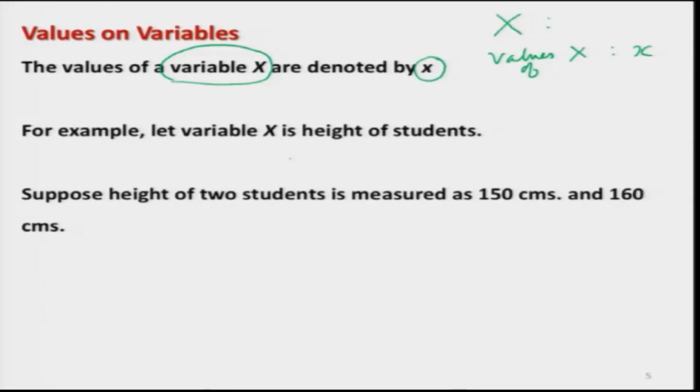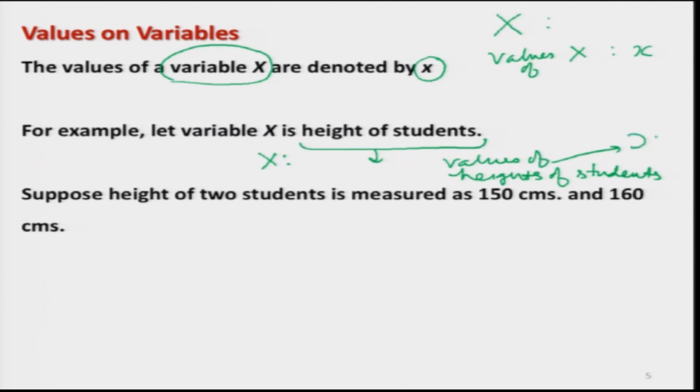And suppose I want to find out the average height of the students in a school, then my objective will be to collect the data on the height of some students of that school. So, I will represent here capital X to be the height of the student, and whatever are the values of heights of students, this I am going to denote by small x.